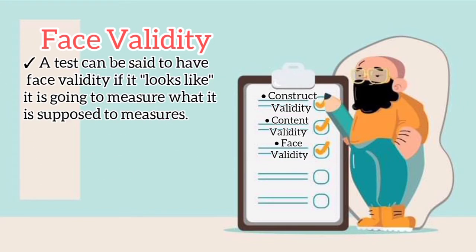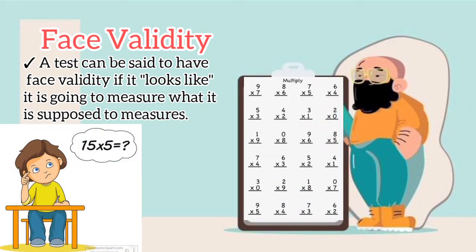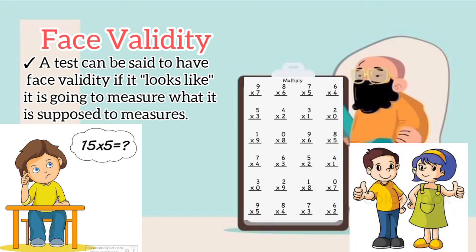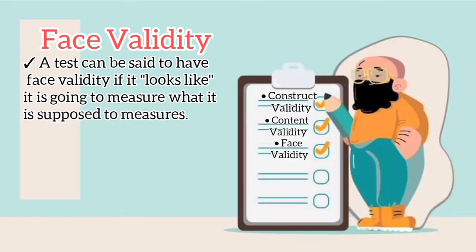For instance, if a test is prepared to measure whether students can perform multiplication and the people to whom it is shown all agree that it looks like a good test of multiplication ability, this demonstrates face validity of the test.